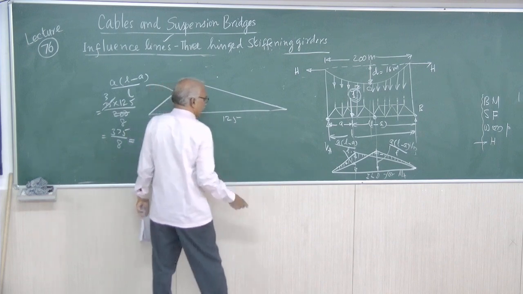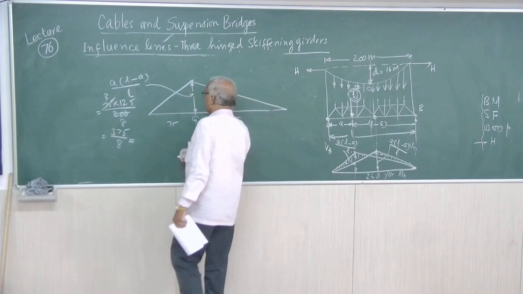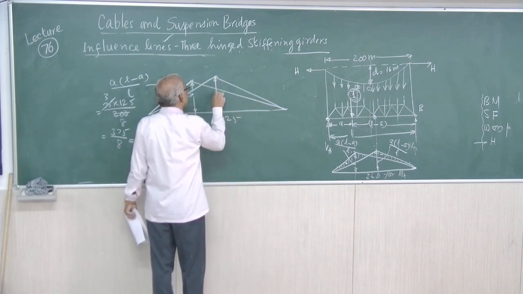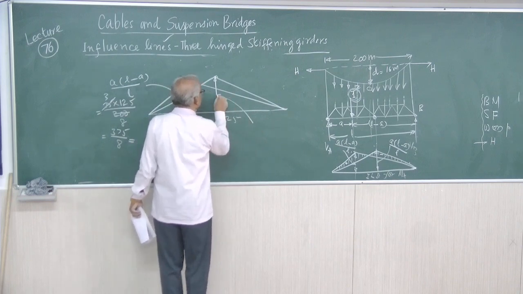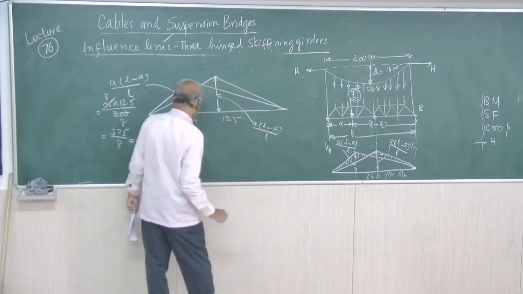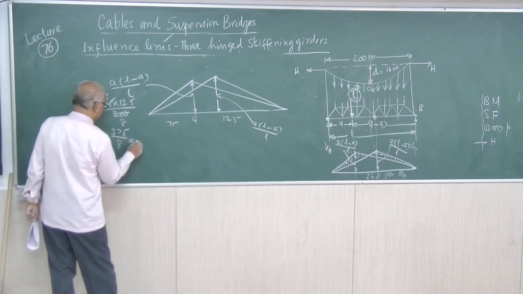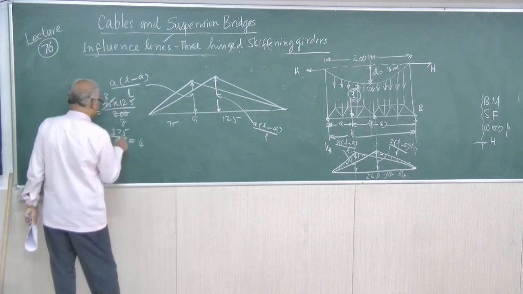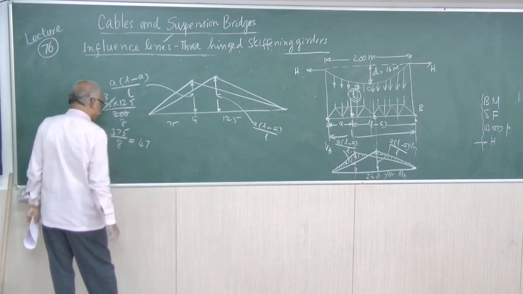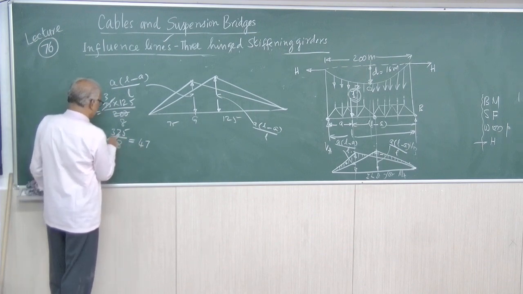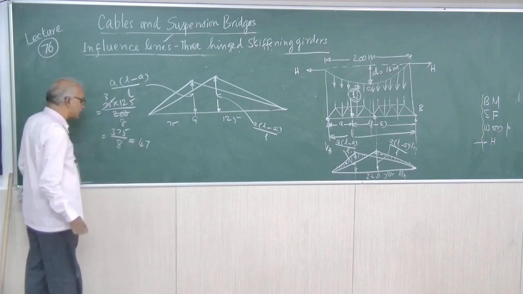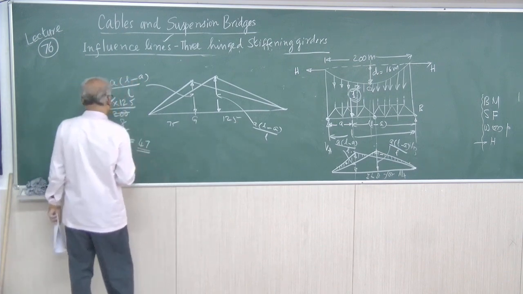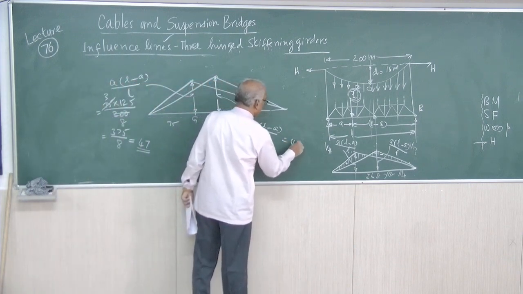Another thing is that H into y is also having a maximum ordinate of A into L minus A by L. So this is approximately 46 point something, let us say it is approximately 47. This is also 47.